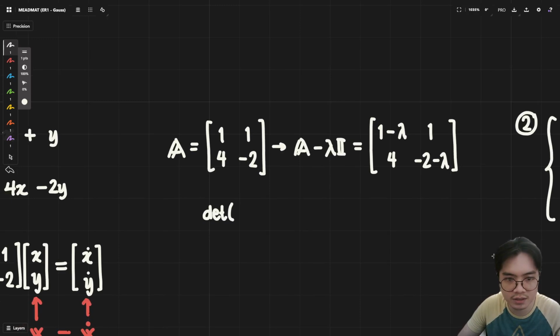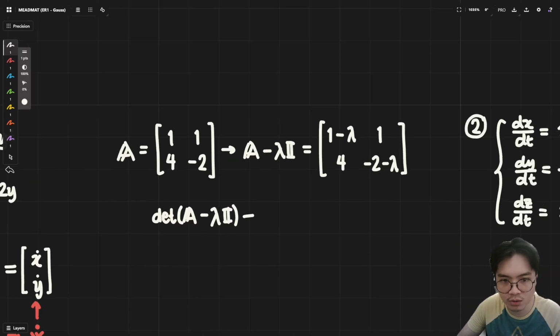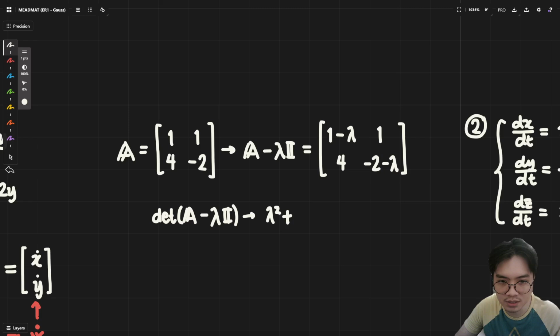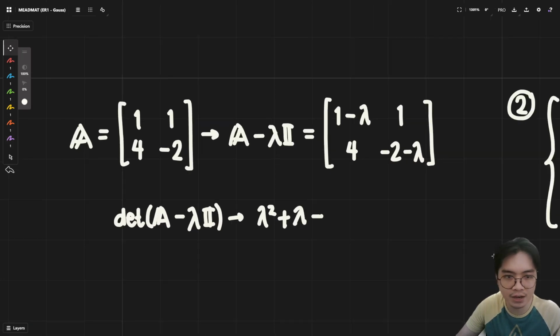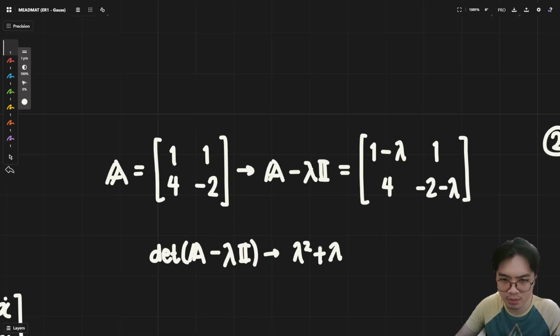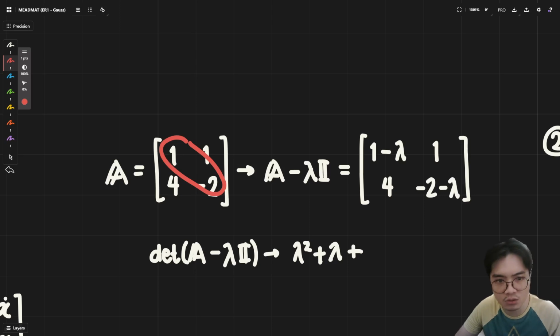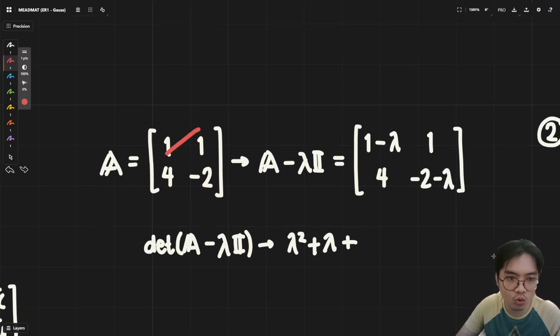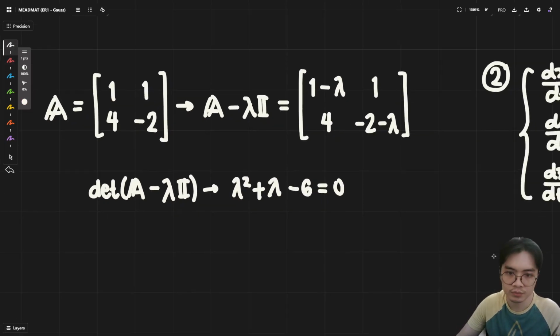The determinant is lambda squared minus the trace, which is negative 1, so actually plus lambda, plus the determinant of this thing. A times D is 1 times negative 2, so negative 2 minus 4 is negative 6, equal to 0.